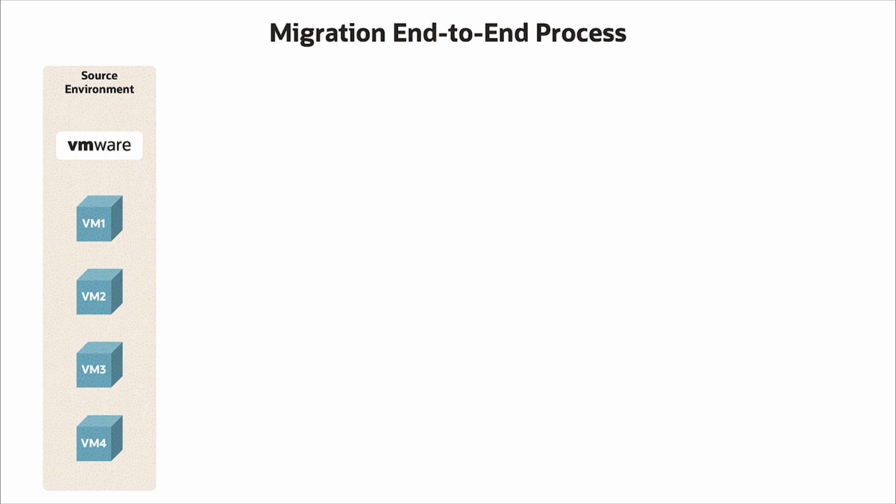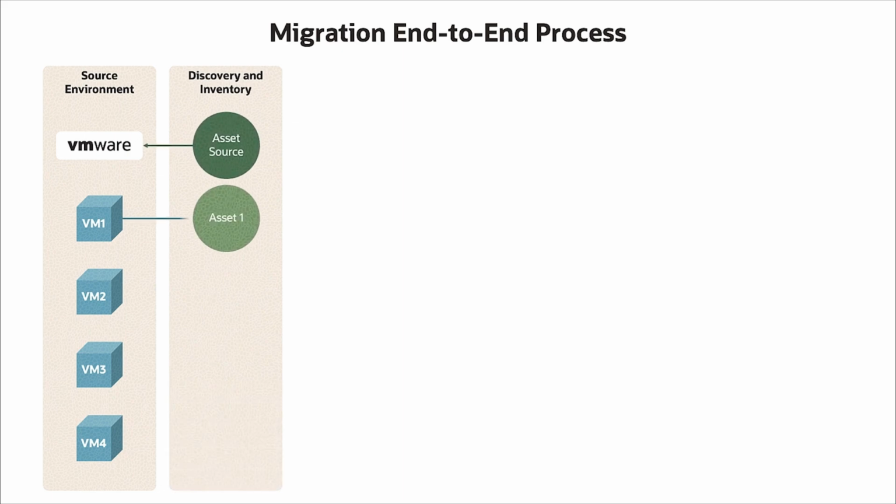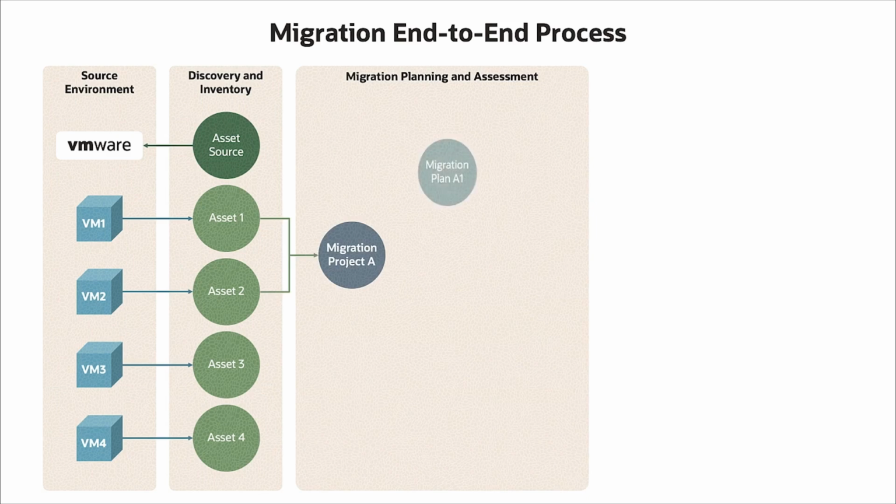Here there are 4 VMs in the source VMware environment. The asset source is created, the source VMs are discovered, and they show up in the inventory as assets 1, 2, 3, and 4. For assets 1 and 2, a migration project with a migration plan is created. The migration plan has recommendations on what target assets have to be used.